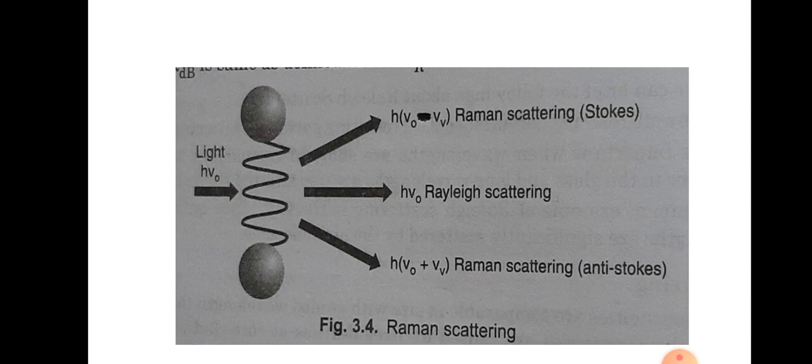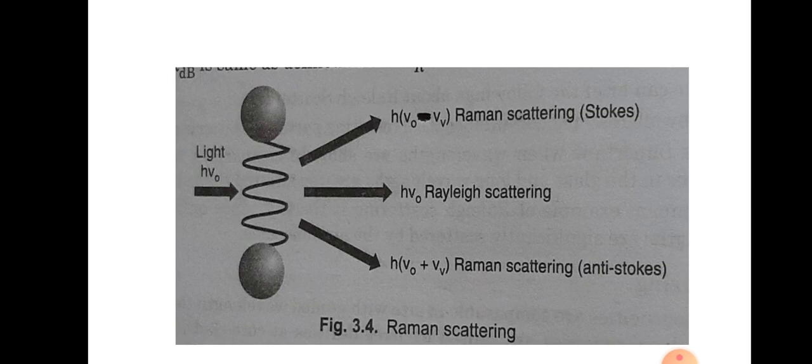In that case it is shown that when light of energy hν0 hits the fiber, and here the molecules of the fiber are shown, it will give rise to Raman scattering and Rayleigh scattering. And Rayleigh scattering is the linear scattering method.